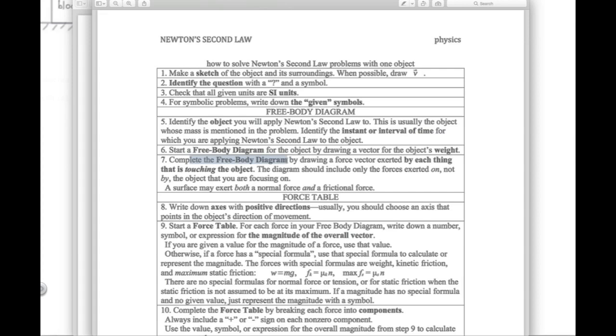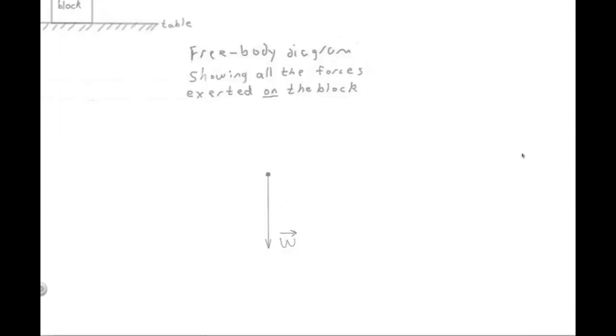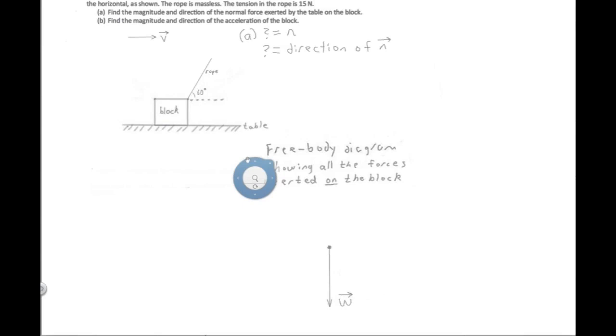To continue the free body diagram, we have to ask what is touching the object. What is touching the object? All the other forces in the free body diagram will come from things that are touching the object. Well, let's see. We know here that the block is being pulled along a table, so the table is touching the block.